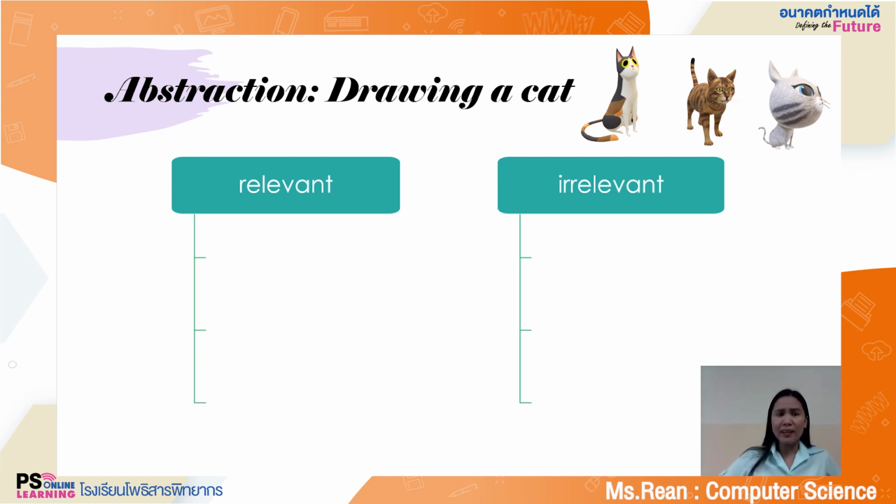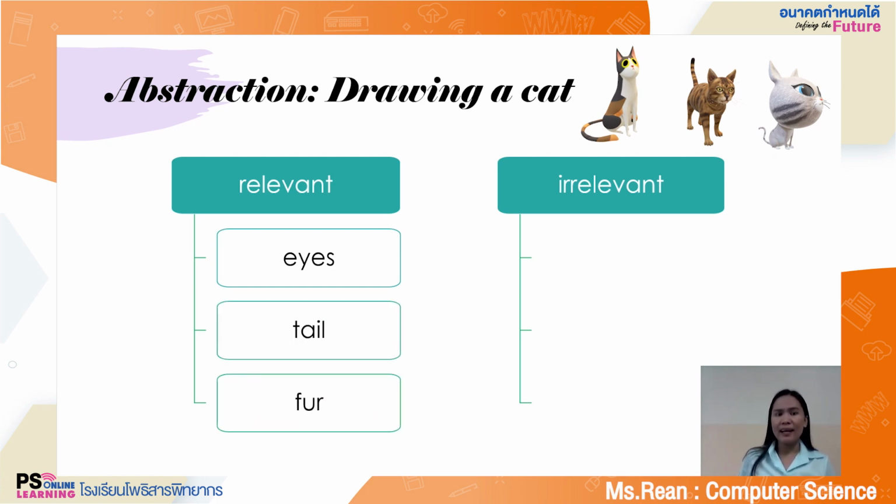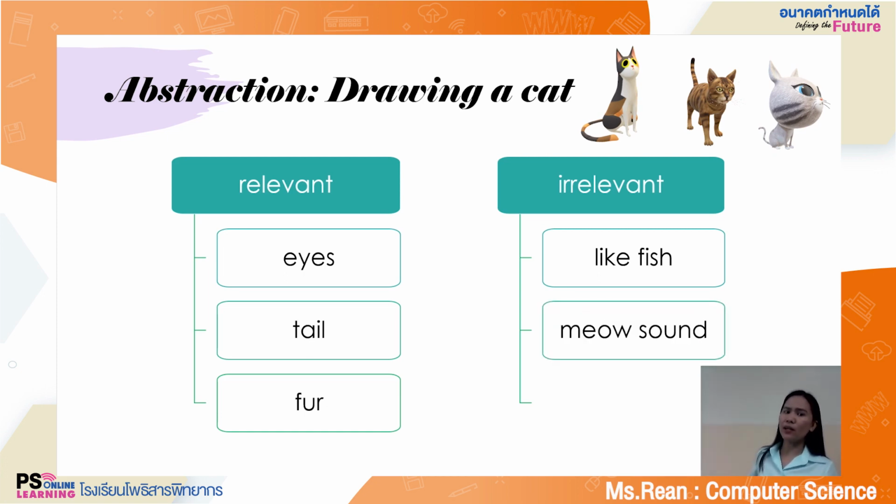So what are the relevant characteristics that we need in order to draw cats? First, eyes. We need to draw the eyes. We need to put the tail and fur. Those are just three examples. We need more. But the characteristics that we don't need, or irrelevant, we don't need to know if cats like fish in order to draw a cat. Another irrelevant one, the sound.